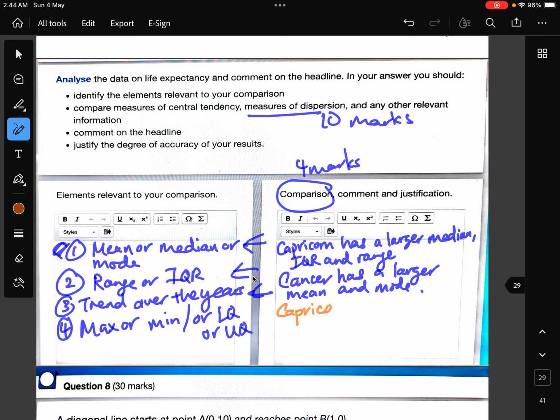Capricorn has a higher life expectancy from 1950 to 1990.